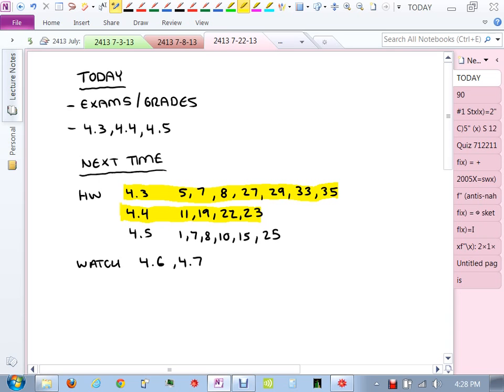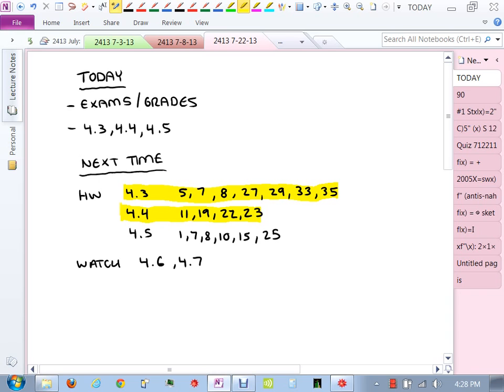So if I were sitting back and asking, what am I going to focus the next 48 hours on for homework? Where would I gain the most putting my energy? It would be going straight to 4.4 and doing 11, 19, 22, and 23, because those incorporate the skills from 4.3, right? You have to do the stuff from 4.3 to do those problems in 4.4. So that's where I would start.